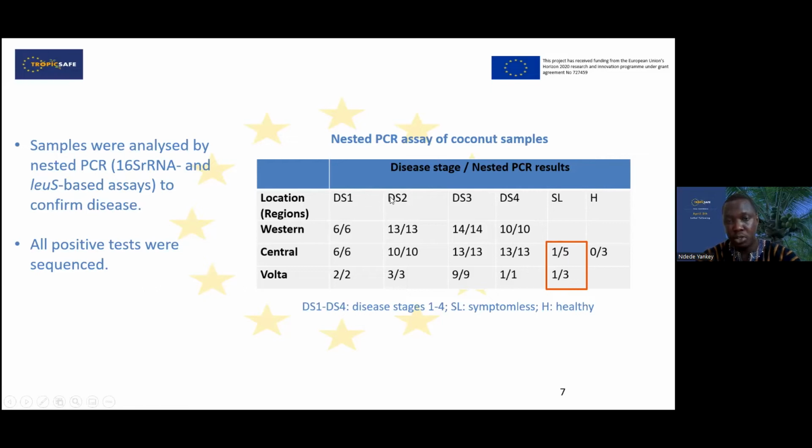And from the result, we realized that largely the symptoms we observed were consistent with the PCR results, except in the early stages of the disease, that is at the symptomless stage, where although they were symptomless, nested PCR was able to detect the phytoplasma in the samples. Apart from that, the symptom observation and the PCR analysis were congruent.